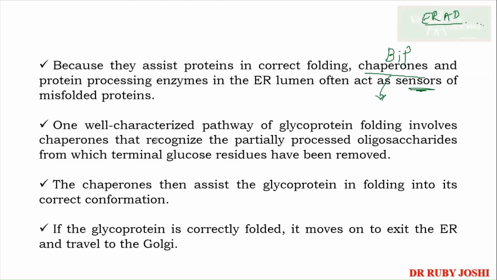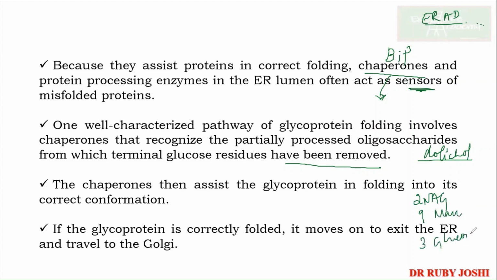Now, one well-characterized pathway of glycoprotein folding involves chaperones that recognize the partially processed oligosaccharides from which terminal glucose residues have been removed. If you remember, in the previous class we talked about the dolichol with 2 NAG, 9 mannose, and 3 glucose.